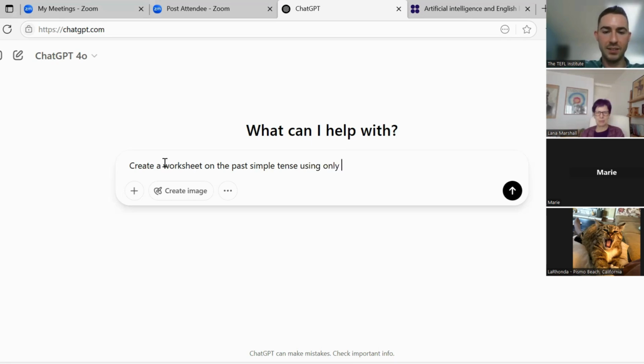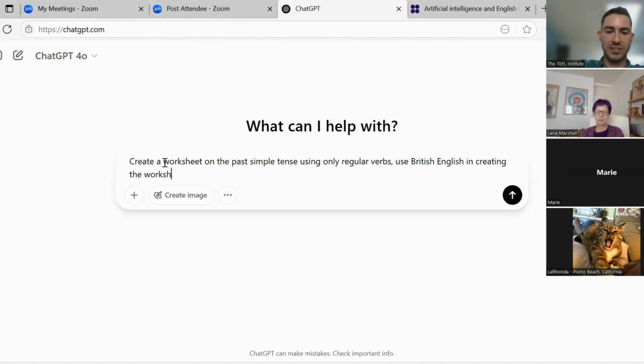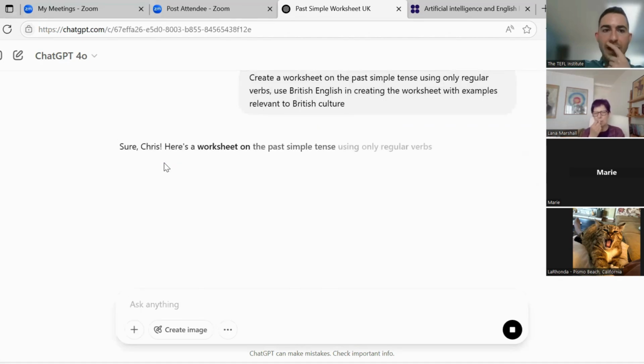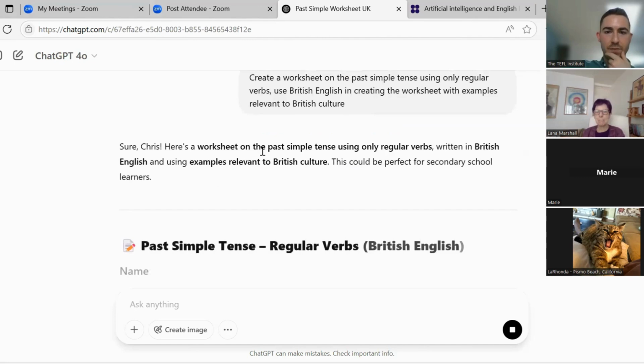So we can say using only regular verbs, and use British English in creating the worksheet. You could even say, for example, with examples relevant to British culture, if you wanted to adapt the relevance of the material.